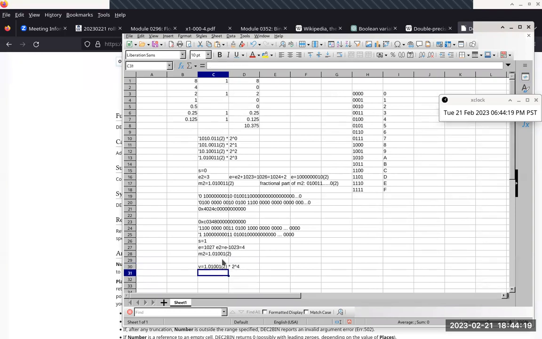You can always copy and paste it, and then you shift the point until the exponent becomes 0. Once I shift the point to the right-hand side, the power of 2 is reduced by 1. Does everybody understand why that happens?